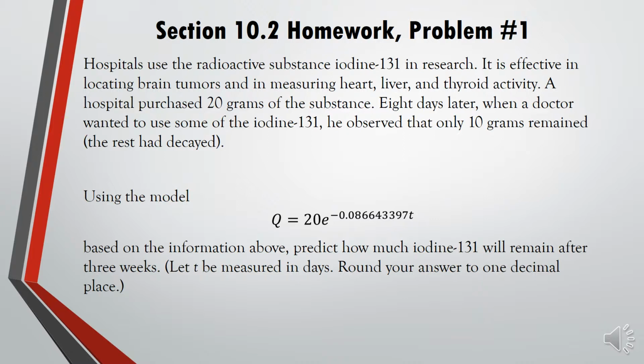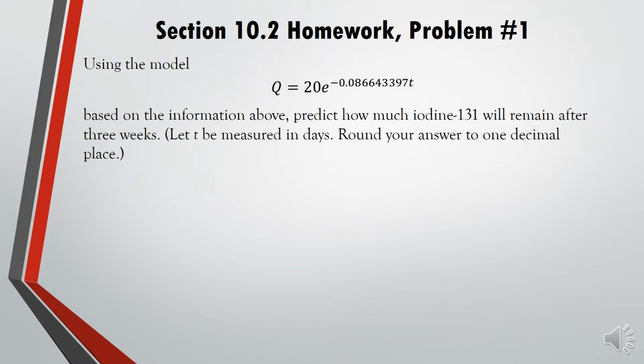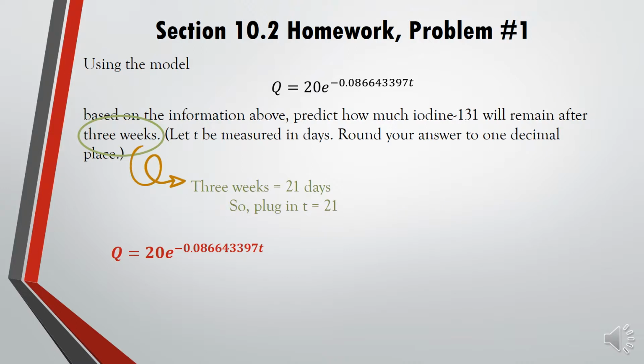We need to figure out how much iodine-131 is going to be left after 3 weeks, but we know that we're supposed to be plugging in days. So we need to convert 3 weeks into days. 3 weeks is 21 days because there's 7 days in a week. So we're going to plug in t equals 21.